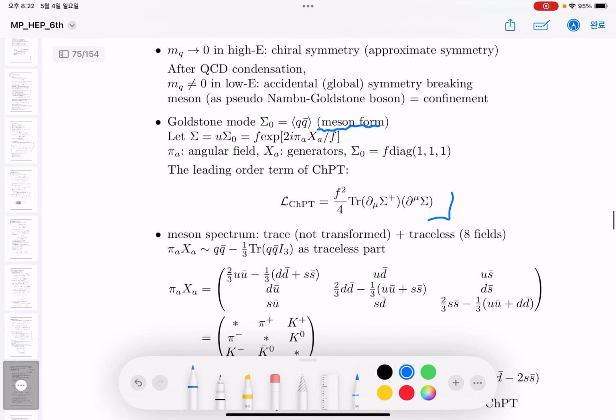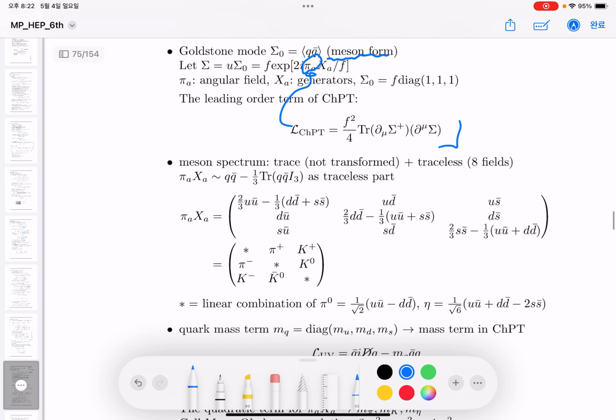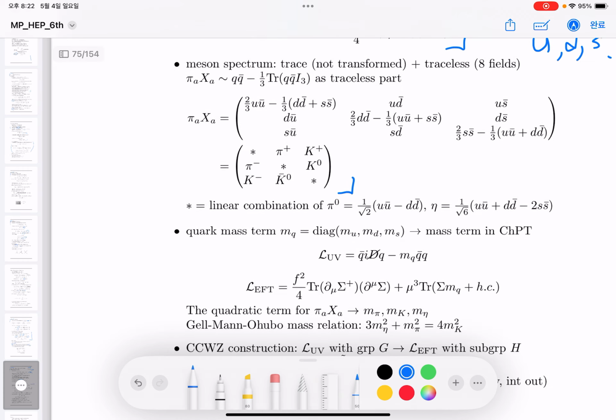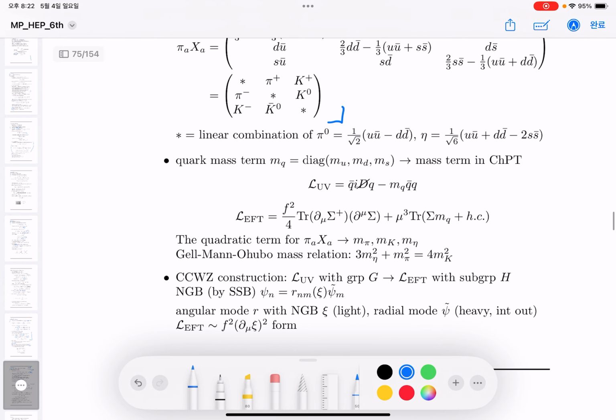With the chiral perturbation Lagrangian, the field includes the meson field with the generator. So for example, if there are u, d, s three flavors, then the pion and kaon mesons can be obtained, and the masses of the pions and the kaons can be obtained by the relation between the up, down, strange quark masses. This is called the Gell-Mann mass relation.